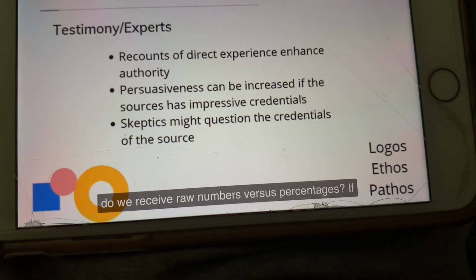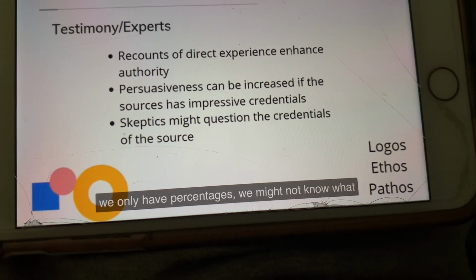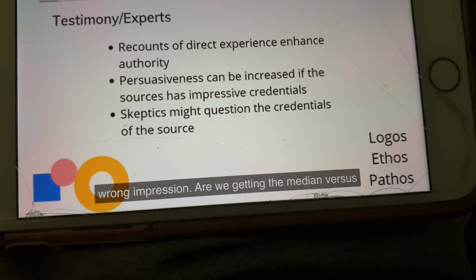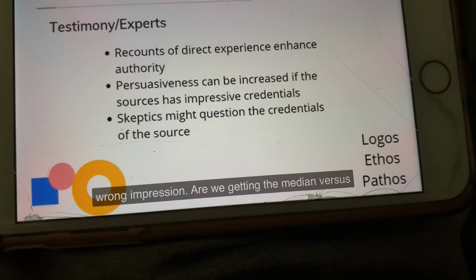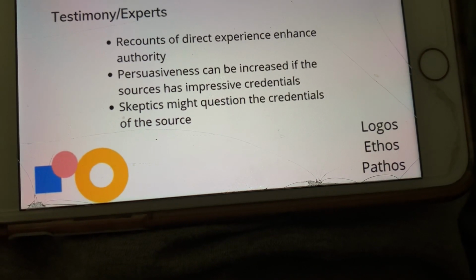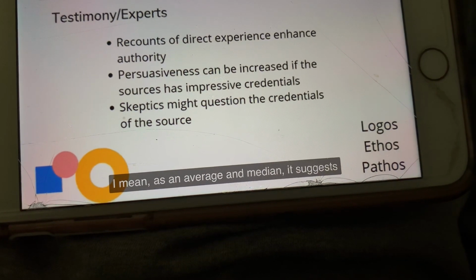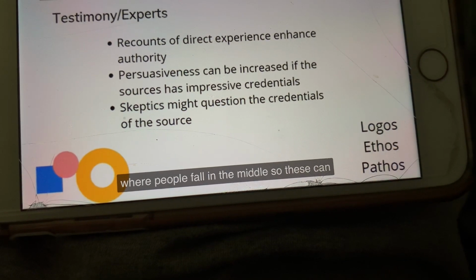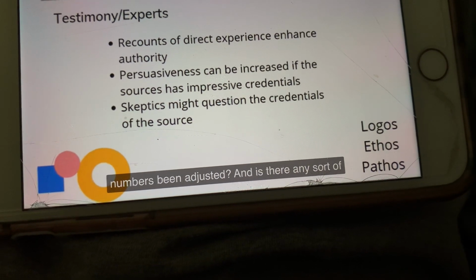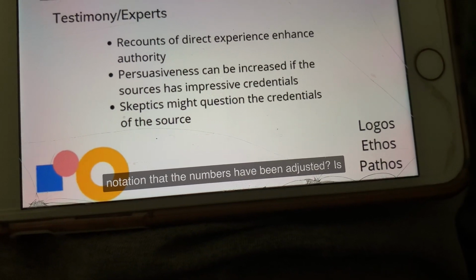Another type of evidence is what we might call testimony, and this could be testimony from witnesses or testimony from experts. And this one can really straddle all three appeals. These are recounts of direct experience, and they can enhance the authority of the argument. This can be persuasive if the source of the testimony has impressive credentials or has a clear relationship with the subject matter.